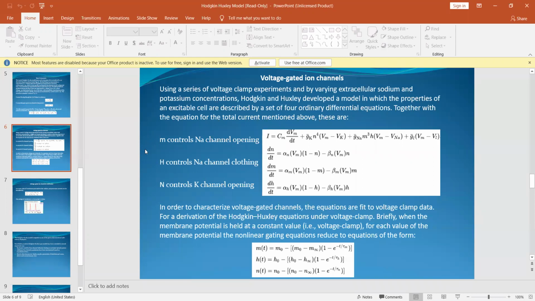So m controls Na channel opening, h controls Na channel closing, and n controls K channel opening in those formulas.